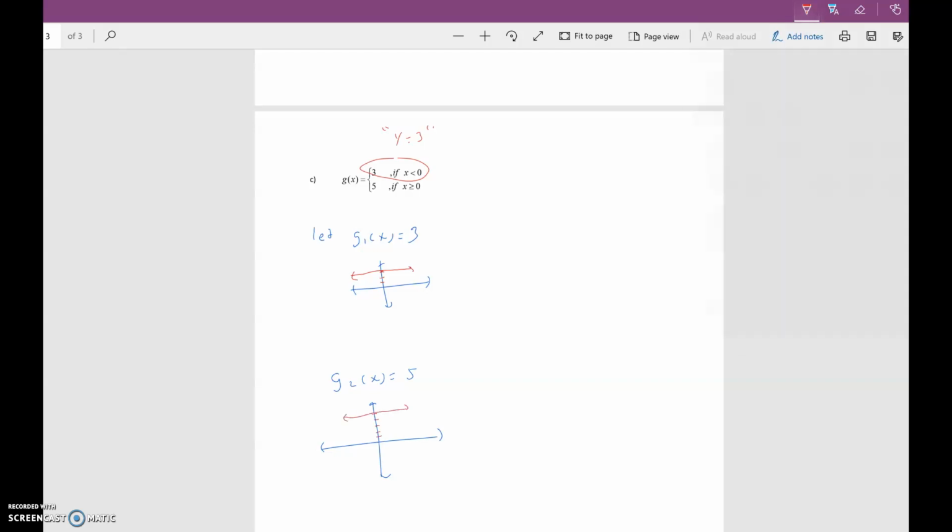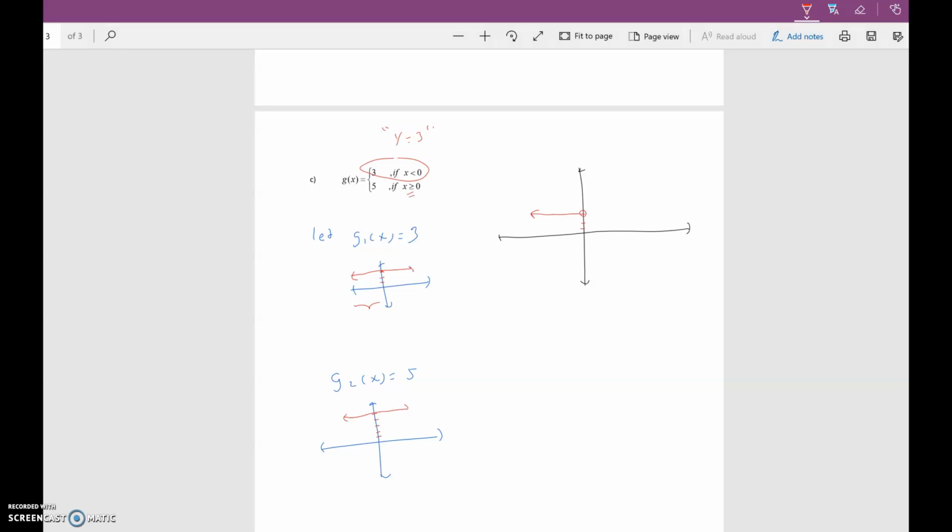And then for our final answer, we're going to have to look at the domain. For x less than 0, it would be here. It's going to be 3, so you're just retrieving that piece. Less than 0 means you're not including the value.